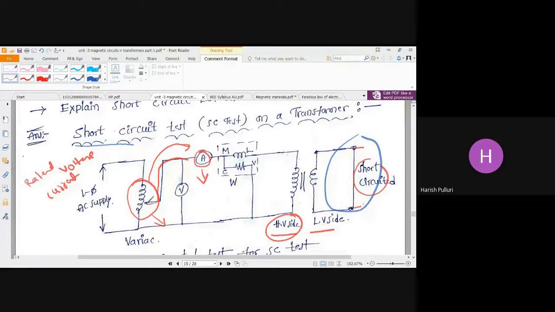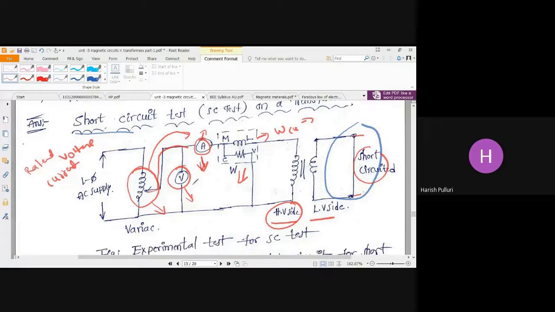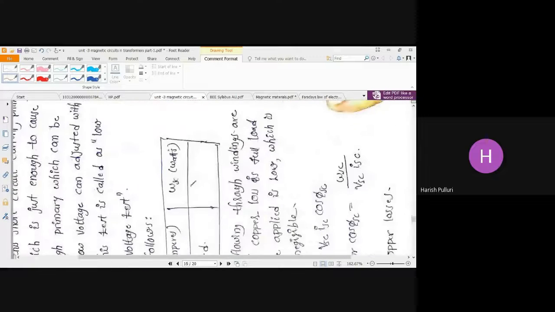After the ammeter is showing the rated current, we take the voltmeter value, ammeter value, and wattmeter value. Now the wattmeter in the SC test shows the copper losses, the losses occurring in the copper winding. In this way, from the OC and SC tests we will calculate the losses.